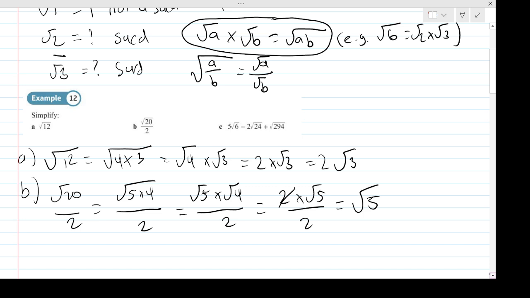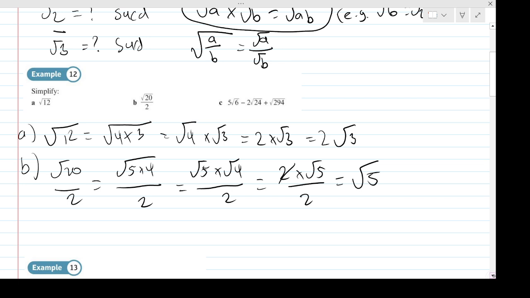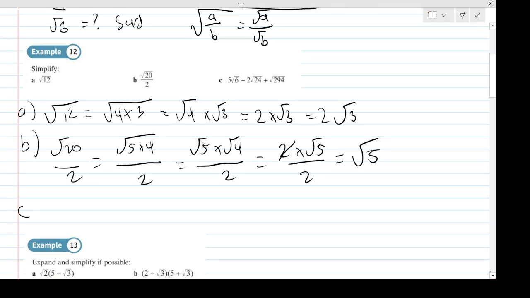And notice now we've gone from a fairly awkward looking fraction with a surd to a simple, smaller surd at the end. That's a lot easier to interpret, because we know that root 4, for example, is 2, so root 5 has got to be just over 2, not 2.2, 2.3. So that's the whole idea of this. Even though, yes, you have a calculator that will just do it for you, that's the whole idea.